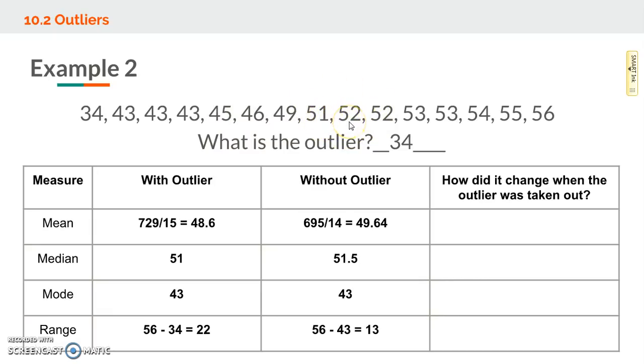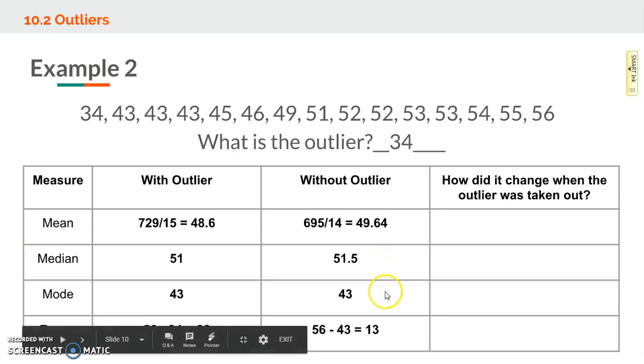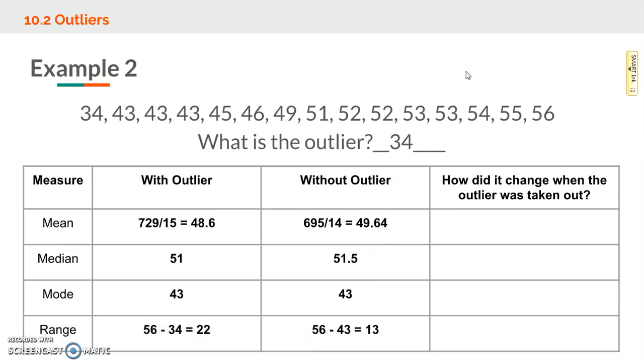So we need to take the average of those two, which is 51.5. Our mode is the number that occurs most often, and even when we take the 34 out, 43 still has 3 of them, so that's our mode there. And then the range, our highest number is 56, minus the lowest number now is 43, and we get our range of 13.